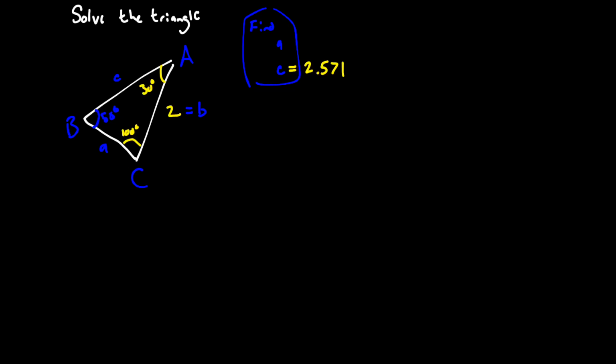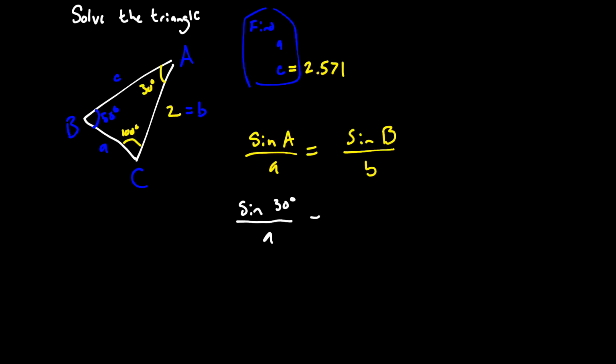Again, law of sine tells us sine of angle A divided by a is going to be equal to sine of B divided by b. Plugging in what we know, sine evaluated at 30 degrees divided by a is going to be equal to sine of 50 degrees divided by 2. Again, we just need to solve for a here.